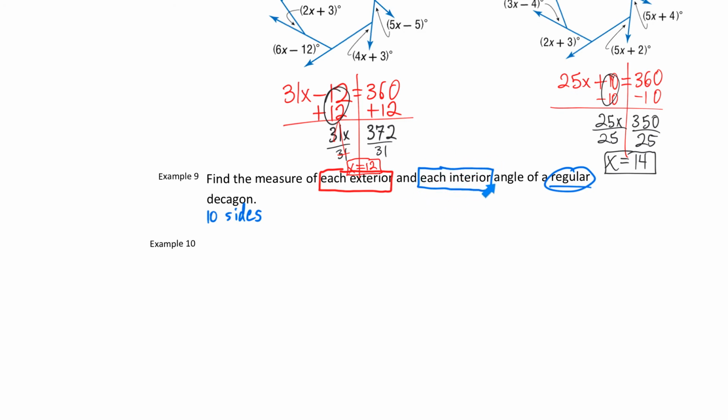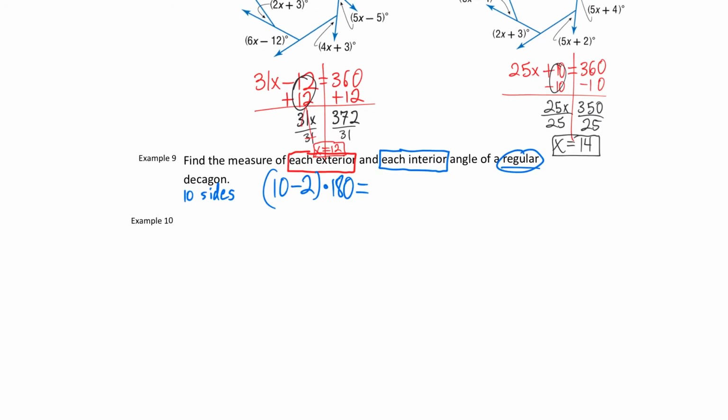Okay, before I find the measurement of each interior, I've got to find the total of the interior. So how am I going to find the total of the interior angles of a decagon? Okay, so I'm going to do the 10 minus 2 times 180. That's going to give me my total. What does that give you? 1440. So that gives us 1,440 total degrees for those interior angles.